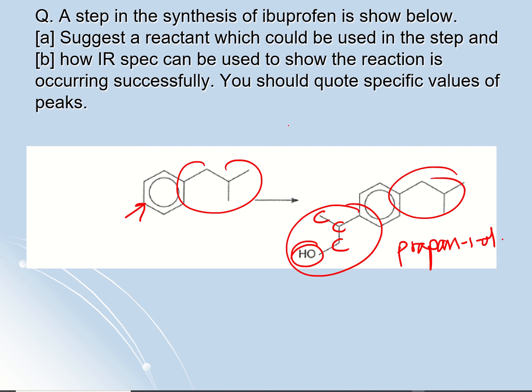How can the infrared spec be used to show the reaction has been successful? Well, if it has been successful, you've now got an OH group here. That's the only difference in terms of the functional group that you will get.